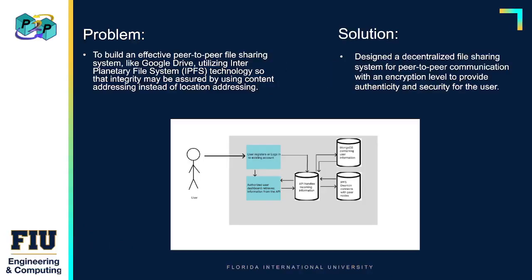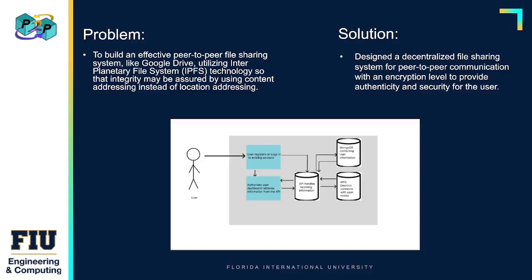So we were set to solve the problem of file storage. It began as a file storage system, but we quickly transitioned to a file sharing system using peer-to-peer technology.